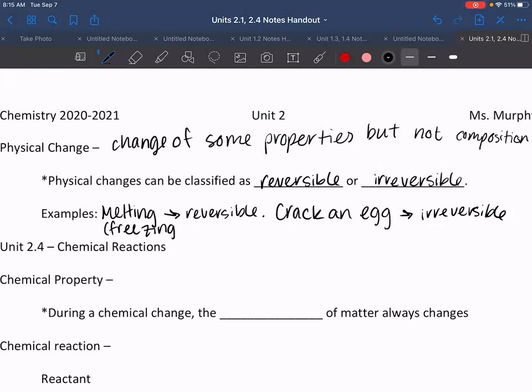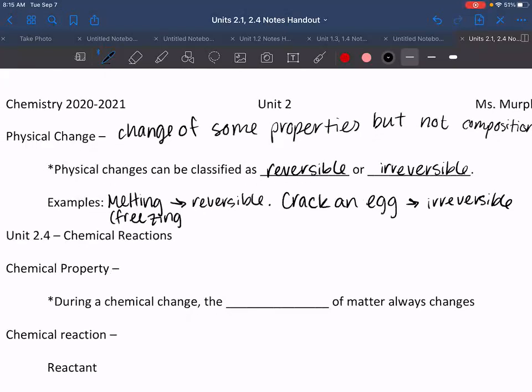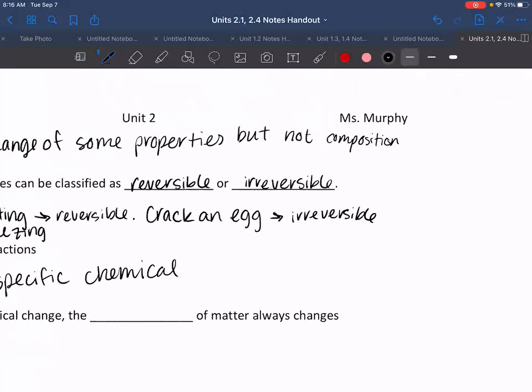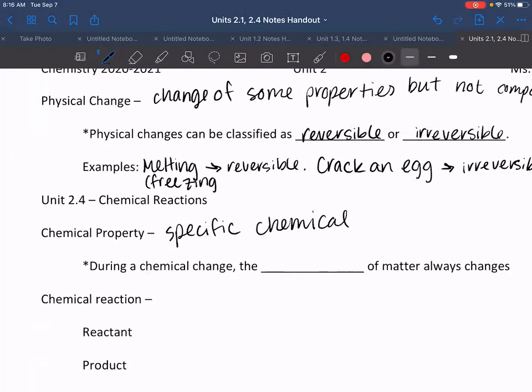Okay. We're going to look at chemical reactions now, because I think it's easier to look at physical changes and properties and then directly look at chemical properties and changes so we can see the main differences between the two. So a chemical property is a specific chemical change being observed.